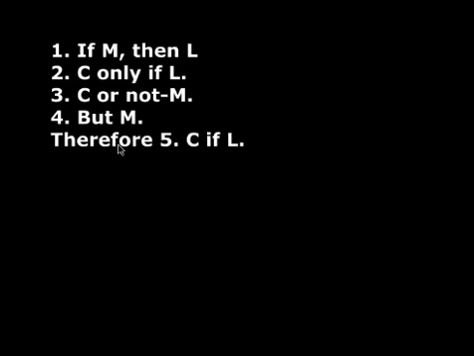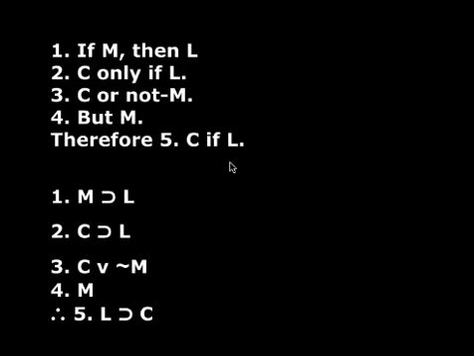And then finally, therefore, triple dot, C if L. Okay, conditional. L follows if, so L is the antecedent, so L goes on the left. So it'll be L horseshoe C. So we get this. If M then L. C only if L, thing following only if is consequent, so L is the consequent here.